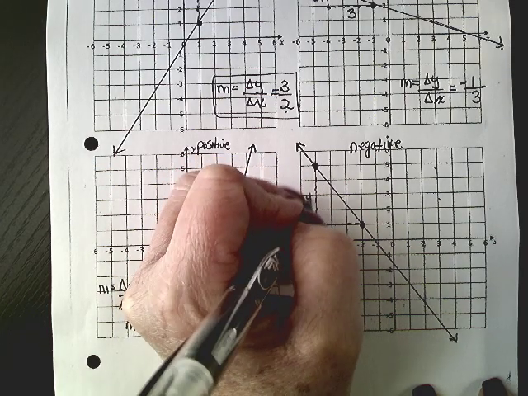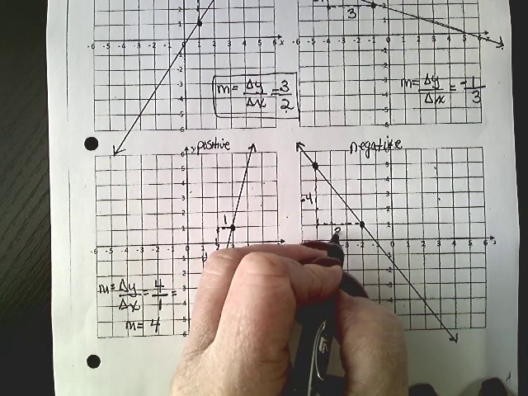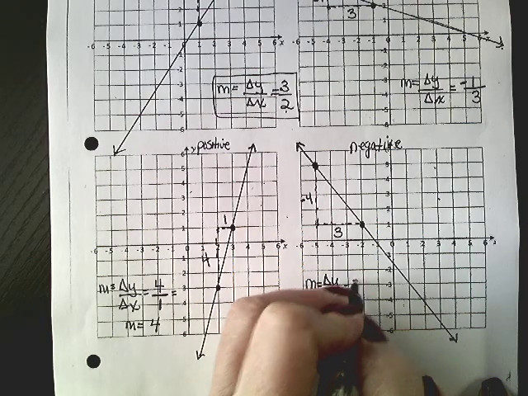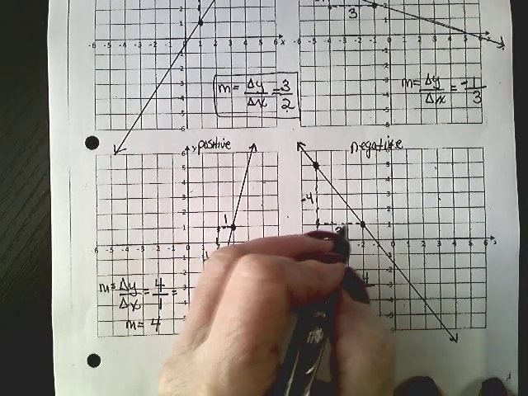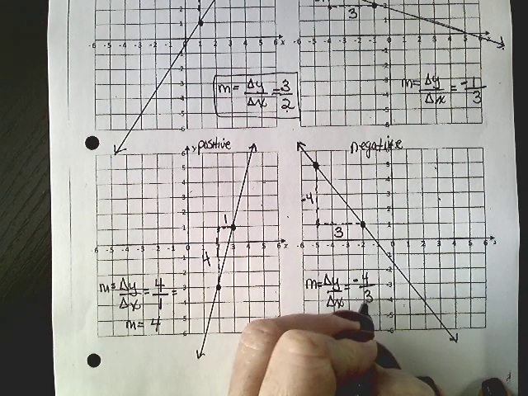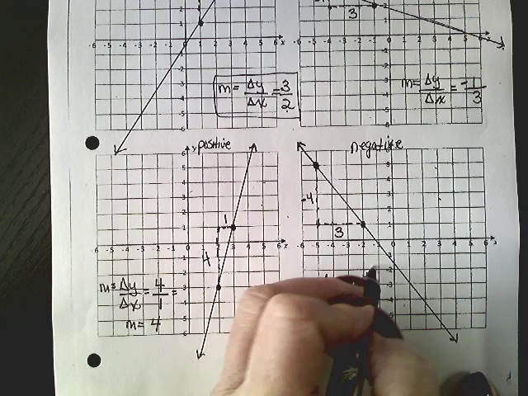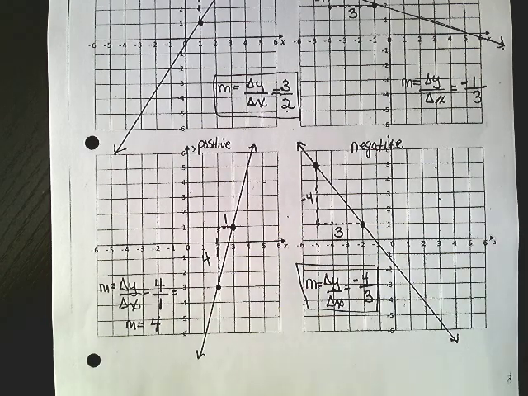So this is going to be a negative 4, and 1, 2, 3. So my rise is the change in y, that's negative 4, and the run is 1, 2, 3. Remember, it's a staircase, okay? So that is how we would find the slope from a graph.